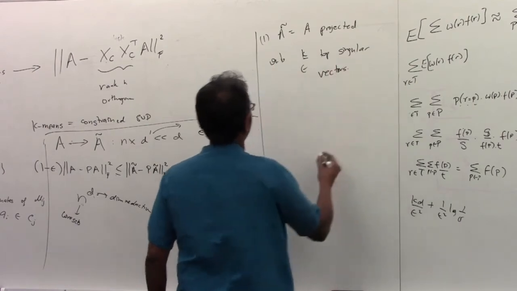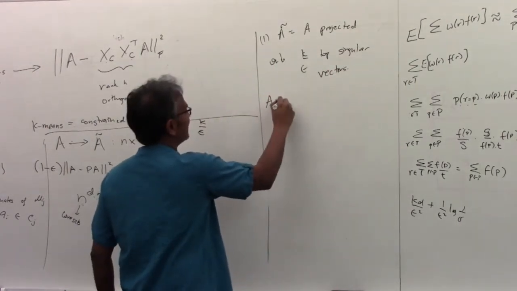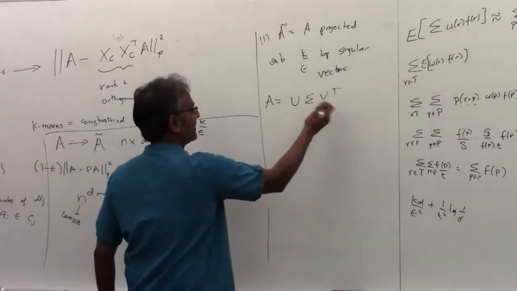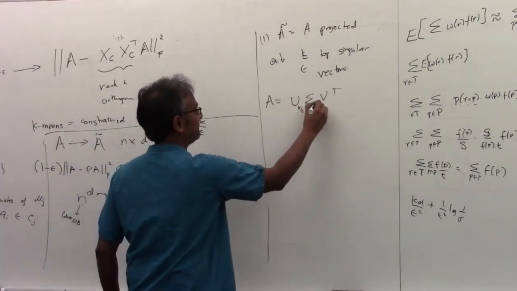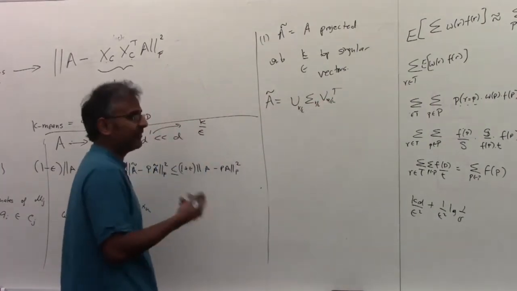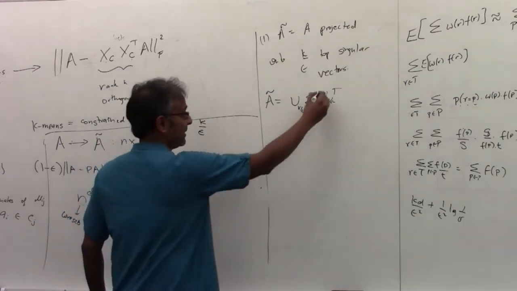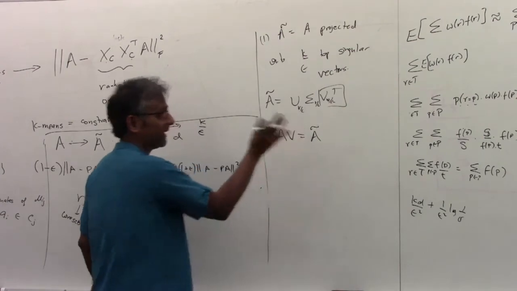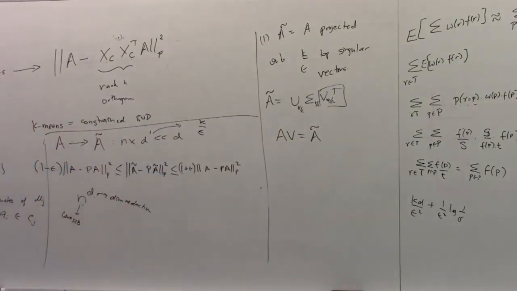So if you think of A as U sigma V transpose in the SVD, you take the top K over epsilon of each of them. That's my A tilde. And effectively, the way to do this is to just compute these guys and compute A times V. And that'll get you what you want. You'll get your distribution. And that's all well and good, except that we would prefer not to have to compute SVDs because they're a pain in the neck to compute, especially when you have things distributed.